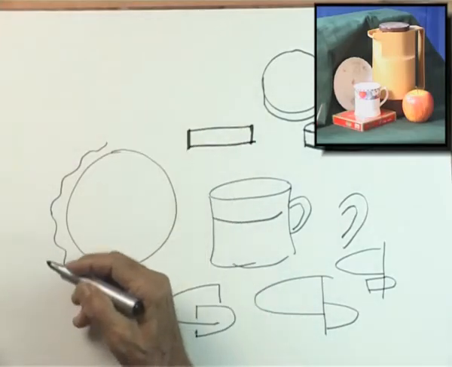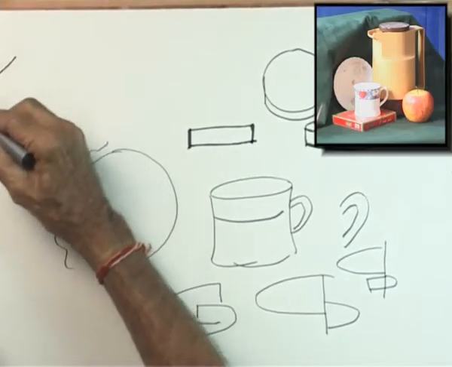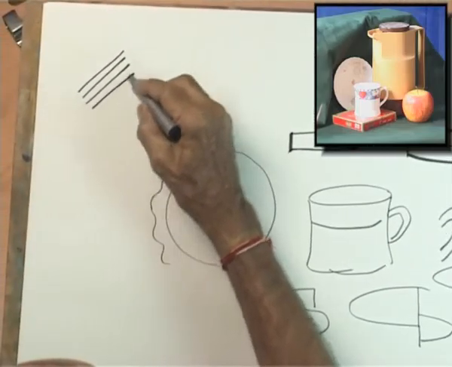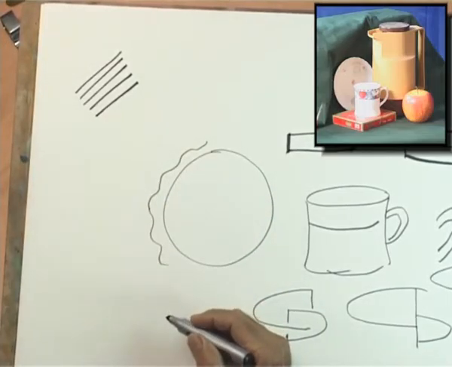To demonstrate with only a few lines, take for instance a particular form created with simple lines like this. It is a rectangular form.